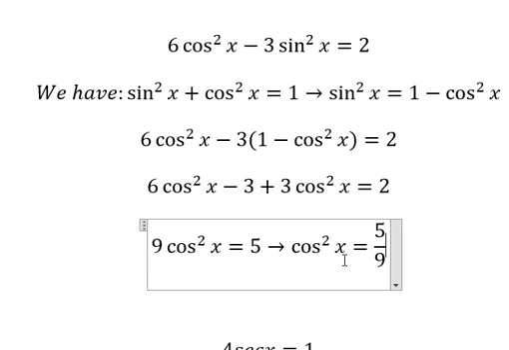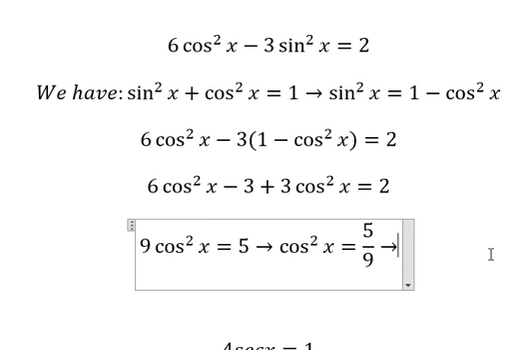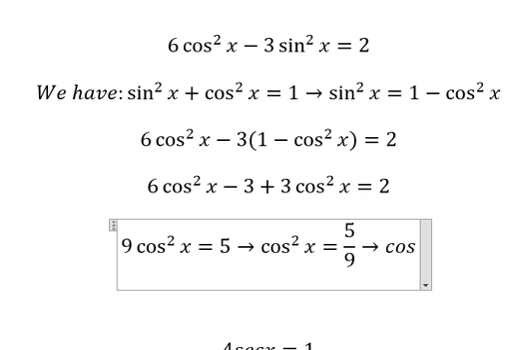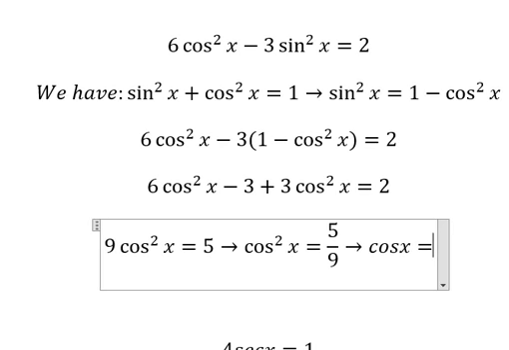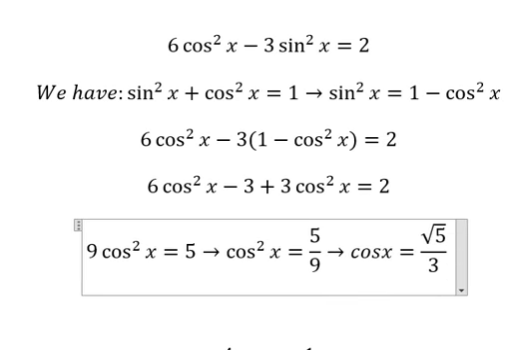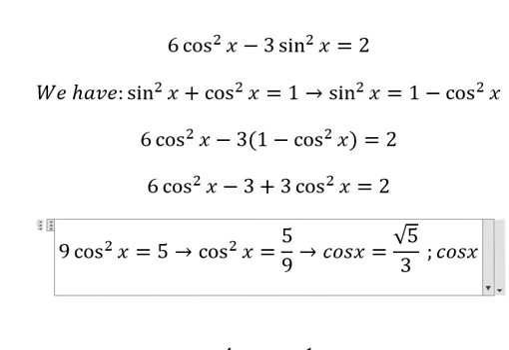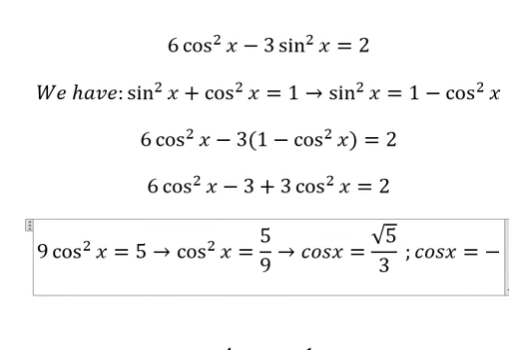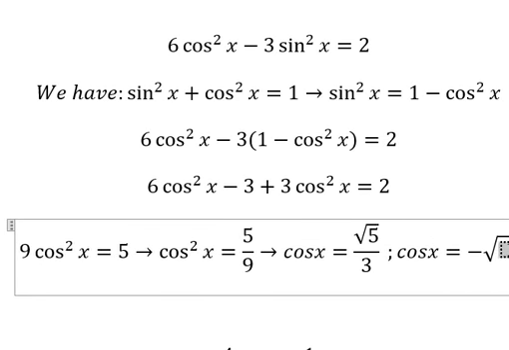So we take the square root of both sides. So we got cos x equals the square root of 5 over 3, and cos x equals negative the square root of 5 over 3.